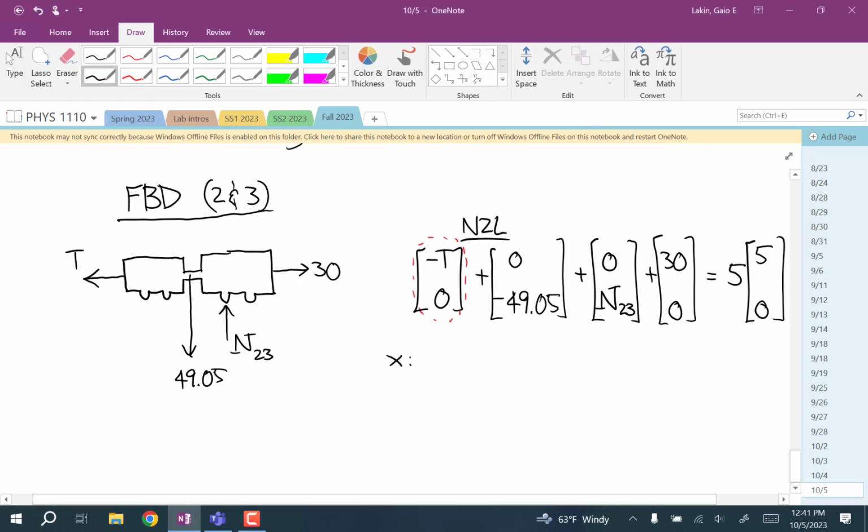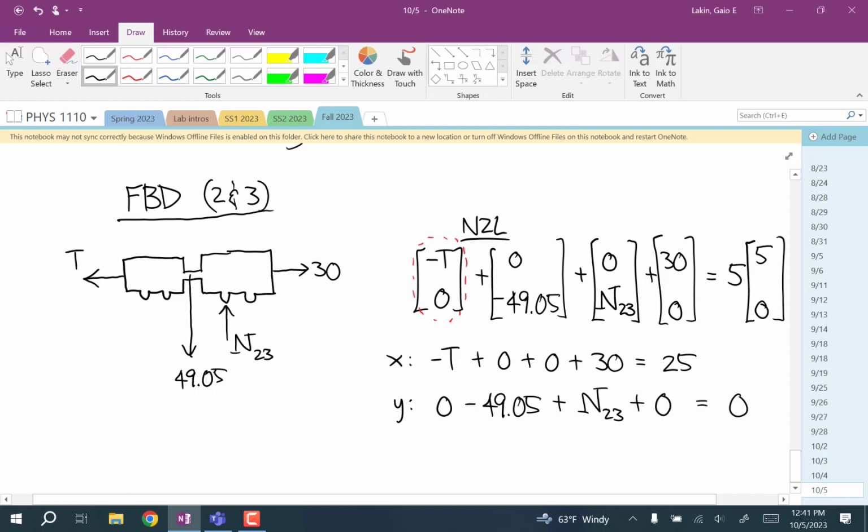The x equation says negative T plus 0 plus 0 plus 30 is equal to 25. The y equation says 0 minus 49.05 plus N23 plus 0 is equal to 0.